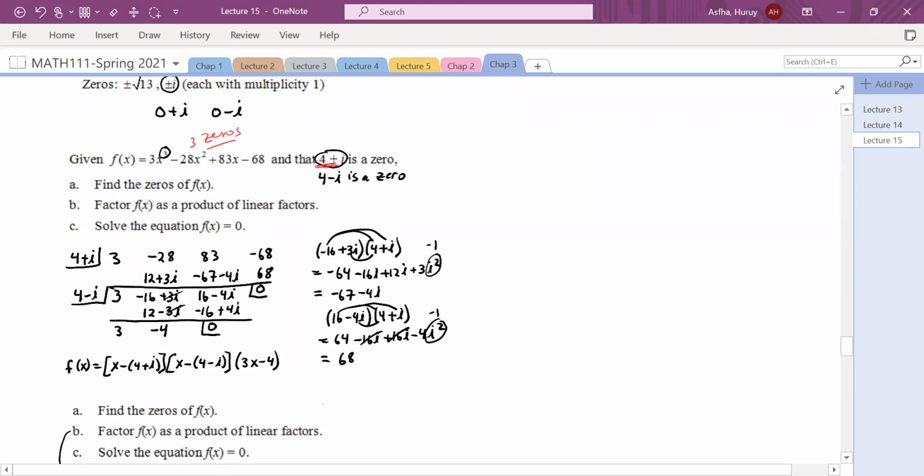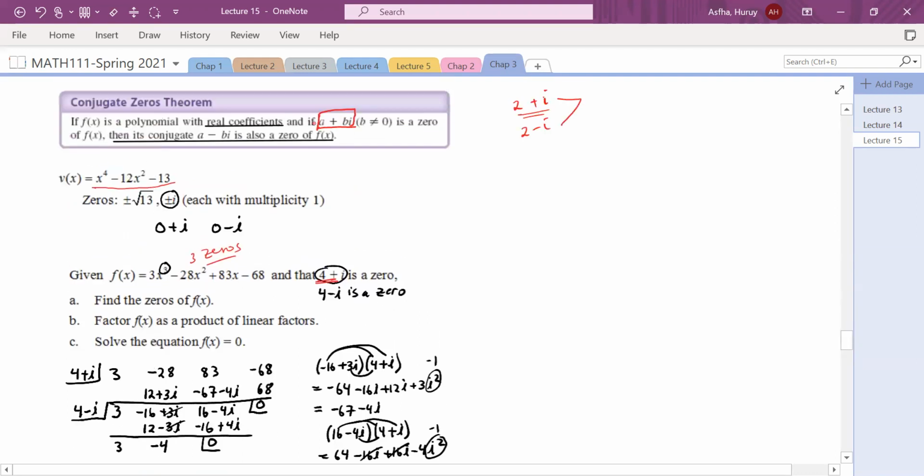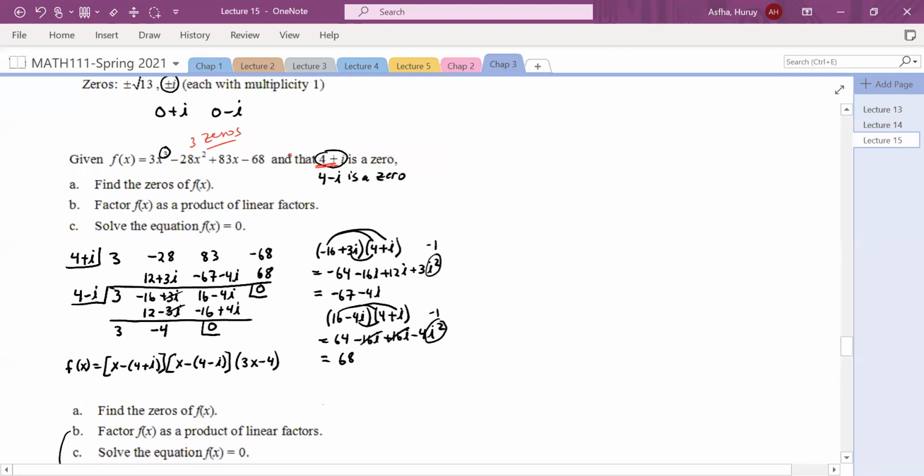Here we have one zero, which is 4 plus i, and by the conjugate zero theorem, if 4 plus i is a 0, then 4 minus i is also a 0 of the polynomial function. Therefore, out of the 3 zeros, we know 2 of them. One is this, another one is this one.